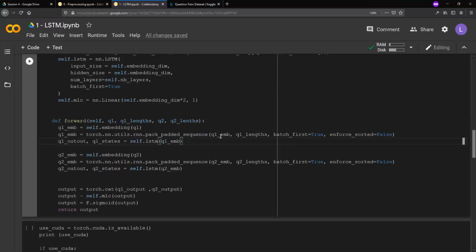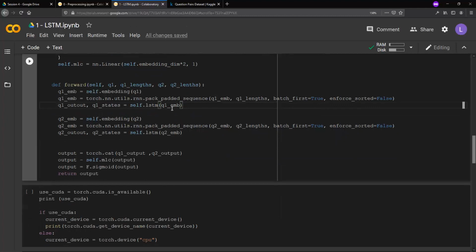It takes in the input of the embedding, as well as the length of each sentence. And then you need to specify enforce sorted if your input is not sorted, so if the lengths of your sentences are not in sorted order. And then finally, we pass it into the LSTM to generate the output as well as the states.